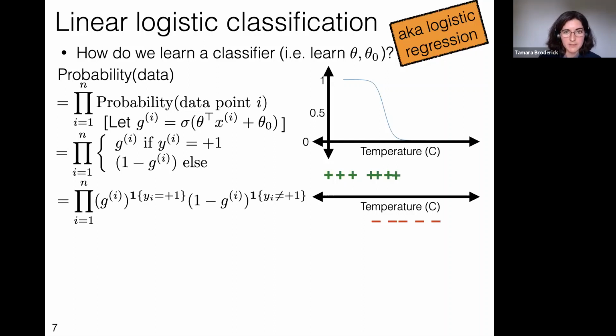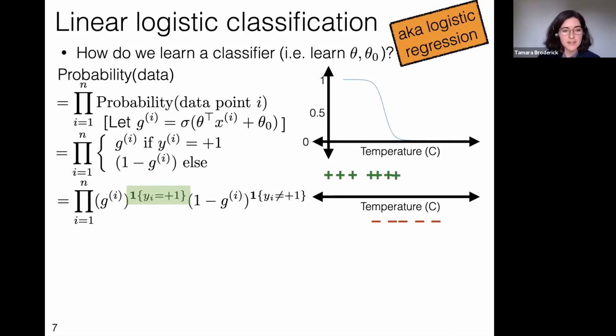Okay, and now all we're going to do is just write this in a clever way. So let me explain what's happening here. First of all, this notation where there's a 1 and then these brackets, you should evaluate that to be 1 if the thing inside the brackets is true and 0 otherwise. So this quantity is 1 if y_i is +1, and it's 0 if y_i is not +1.